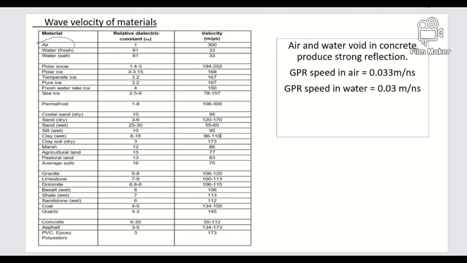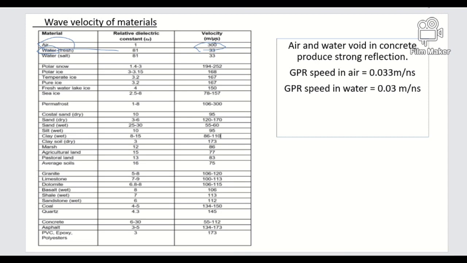Here we can see that air has a velocity of 300 meters per microsecond, like the velocity of light. The wave velocity in water is 33 meters per microsecond.